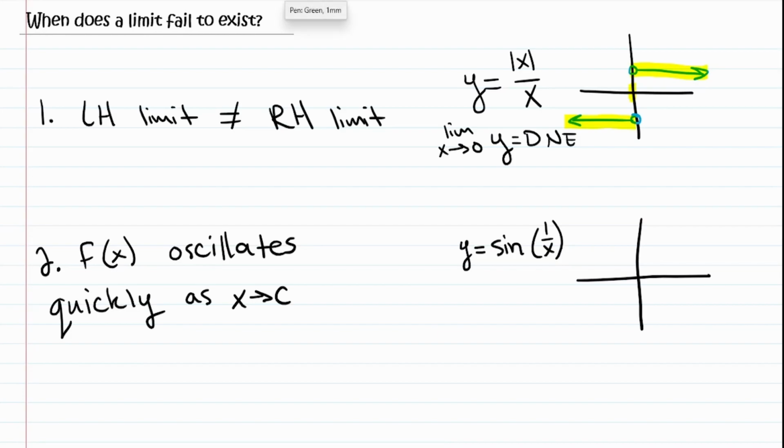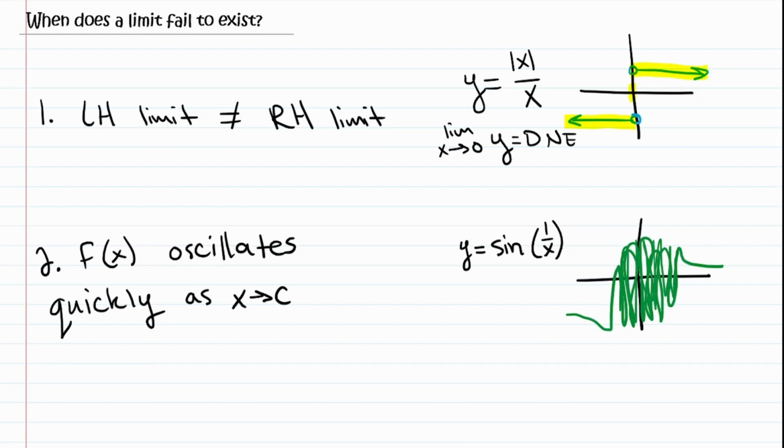What that looks like graphically is we kind of have it doing this, and then as it approaches 0, we have this oscillation up and down. This is a very ugly version of that, but the idea is that as we approach x equals 0, we get this really rapid oscillation up and down. If you were to graph this on a graphing calculator, you'd get a much prettier image, but this does the trick.